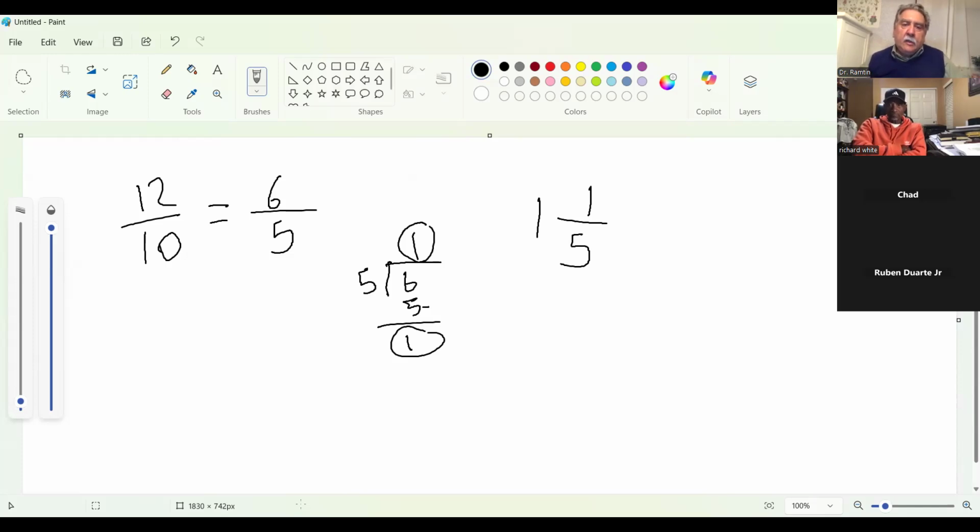And remember that the quotient becomes your digit, and the remainder becomes your numerator. The denominator remains the same. Yeah, it clicked for me too. I'm glad I'm not the only one. I was good to the last part, and then once he broke this down, it's less confusing. Okay, good. I'm glad.